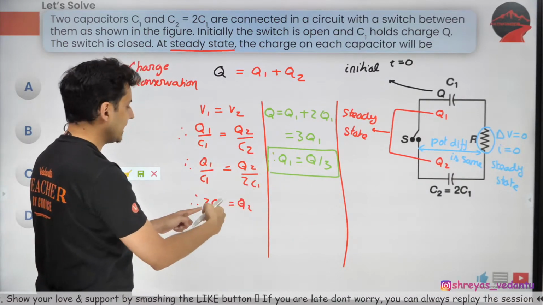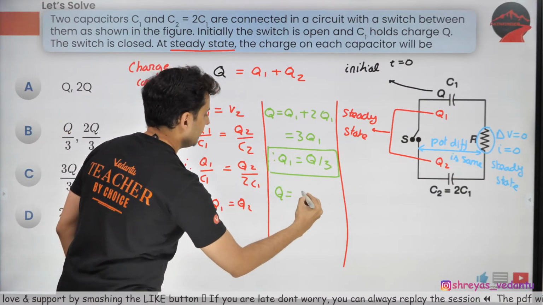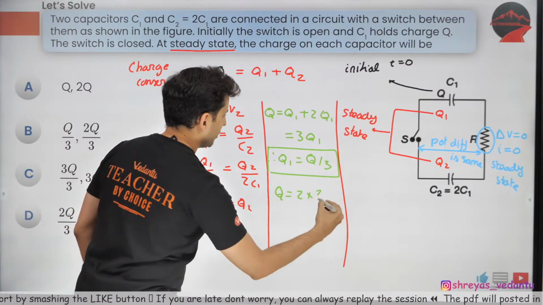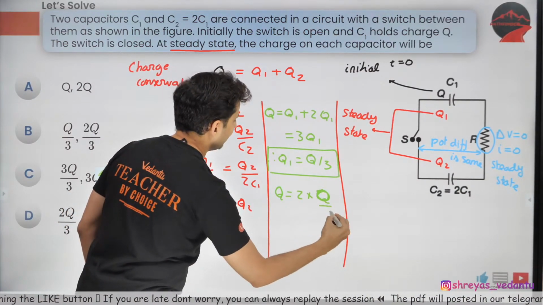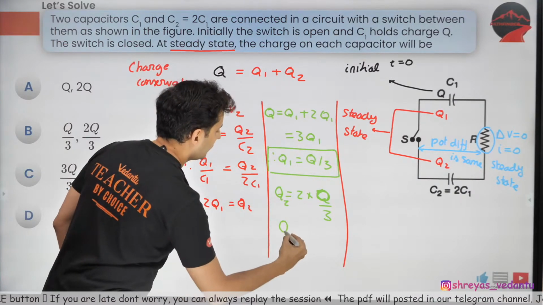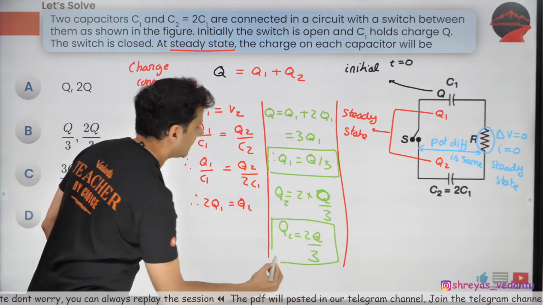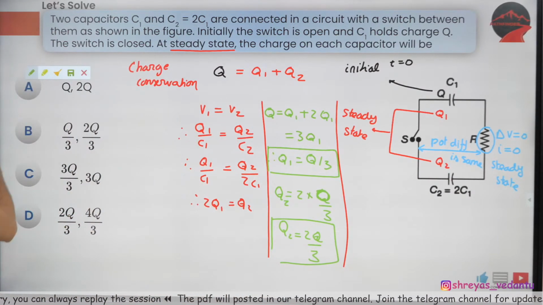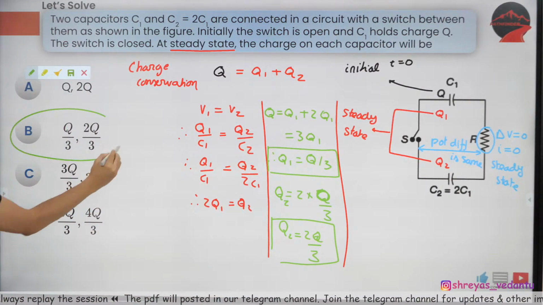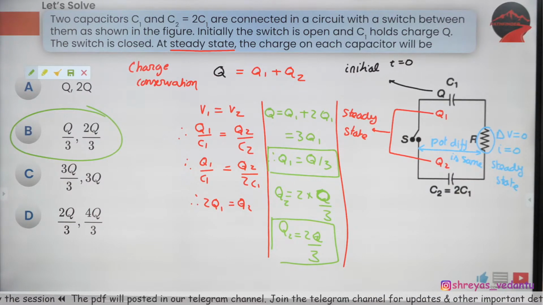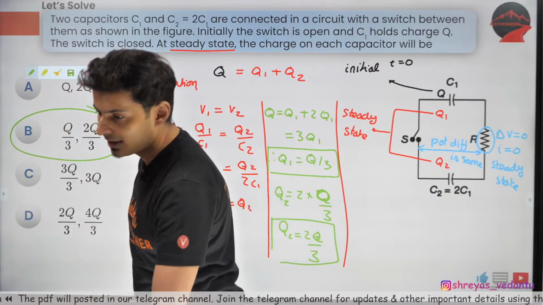And if I know Q1, I can also get Q2. Q2 will be twice of Q by 3. So therefore, Q2 will be just 2Q by 3. That is our second answer. So Q by 3 and 2Q by 3, that means option B is correct. Yep, very good, Regathan Kandan.